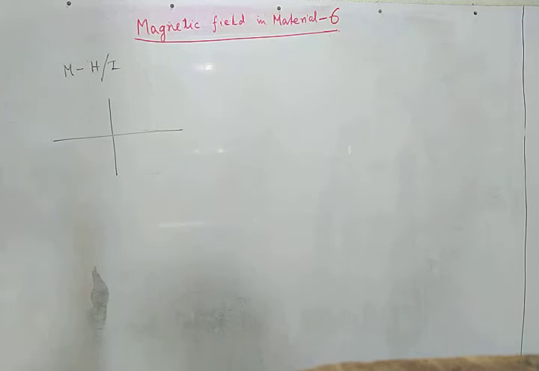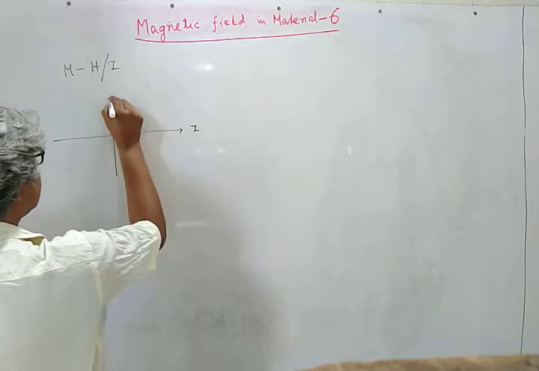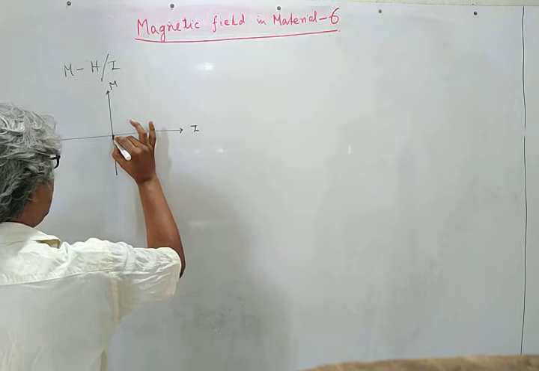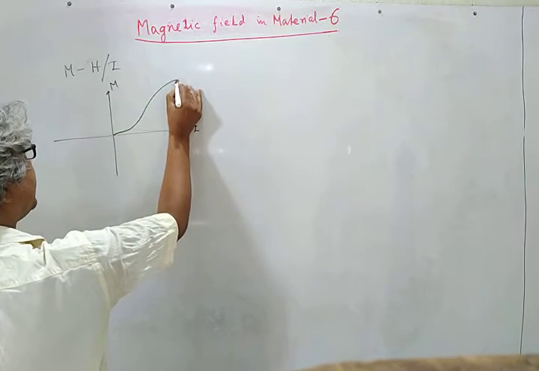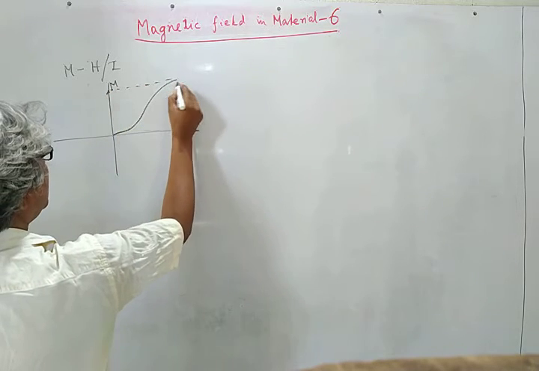Say by somehow we get a magnetic material or ferromagnetic material which was not magnetized at all. This can be achieved. I will come to this afterwards. Say we call it I and this is M, magnetization. If we go on increasing the field, the magnetization will rise and ultimately it will attain saturation.